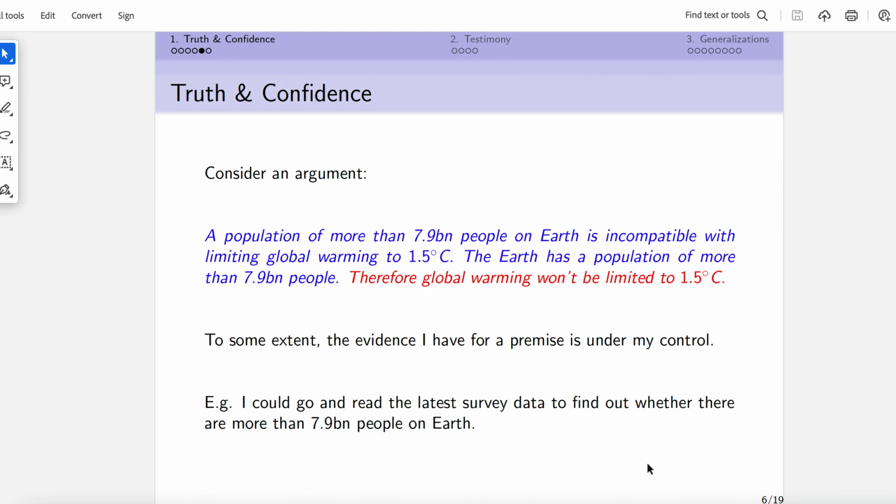But it's worth noting that to some extent at least, the evidence that I have for a premise like this is under my control. So although I might not have great evidence now, presumably I could go out and collect evidence. I could increase the quality of my evidence, and that could help me evaluate the truth or falsity of the premise.